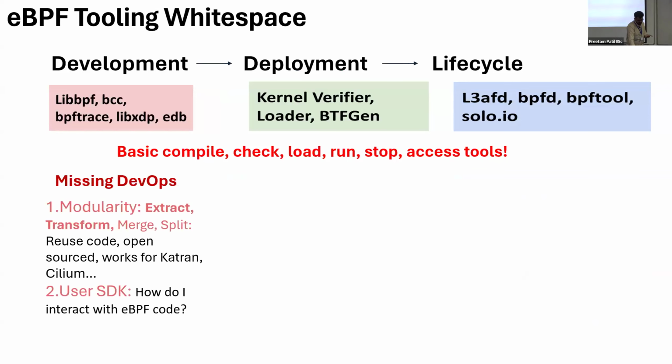What they don't provide is the DevOps functionality on top of eBPF, which is, can you modularly extract eBPF code or eBPF functions from open source projects and larger network functions or larger modules like Katran and Cilium, and use them by converting from one hook to the other hook and attaching them wherever you want.